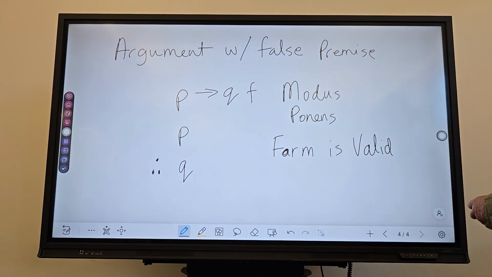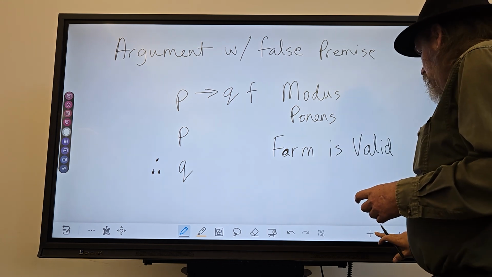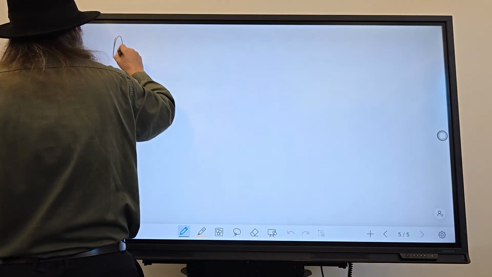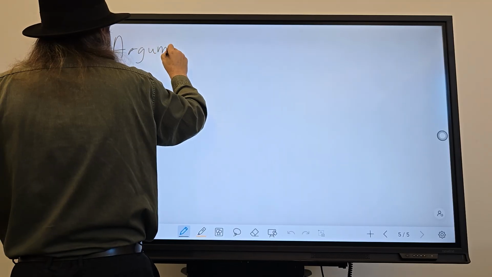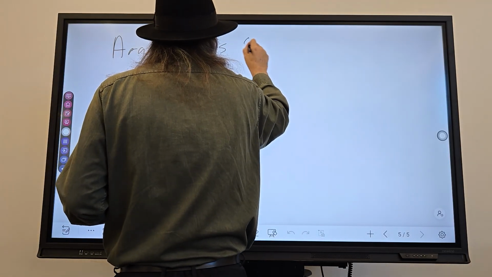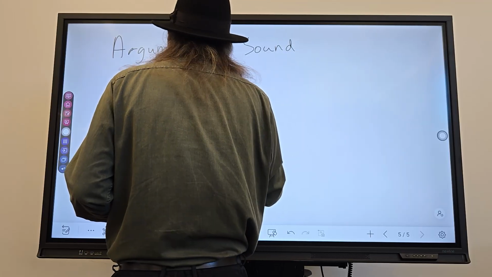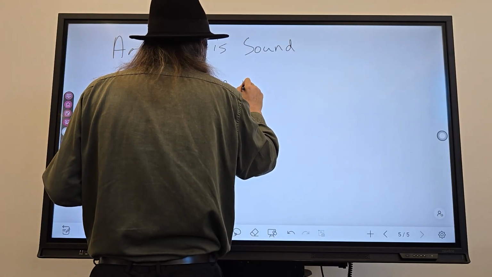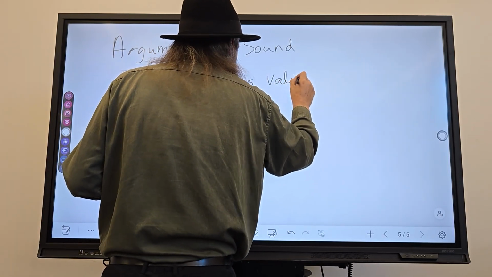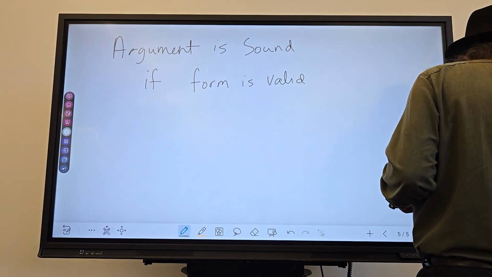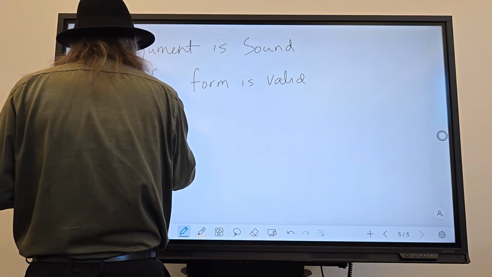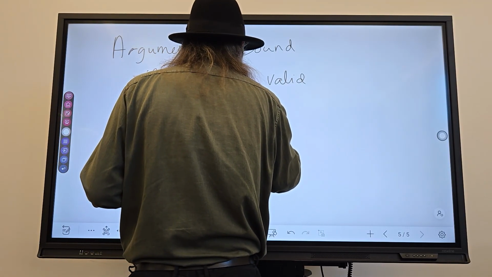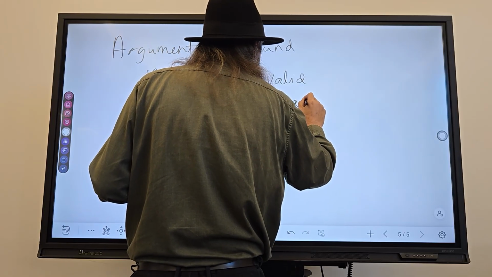So an argument is sound if the form is valid and all its premises are true.